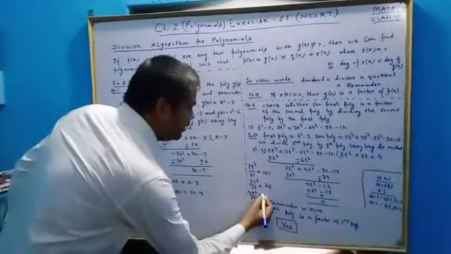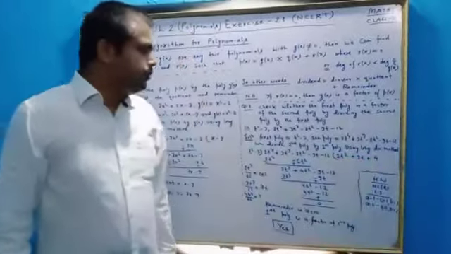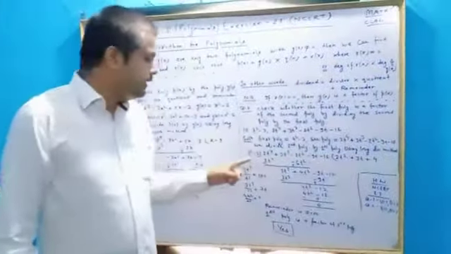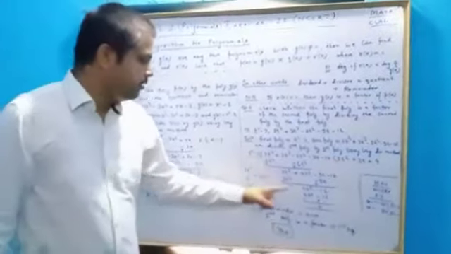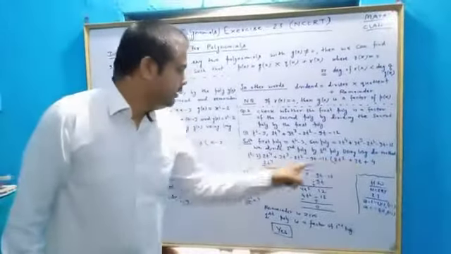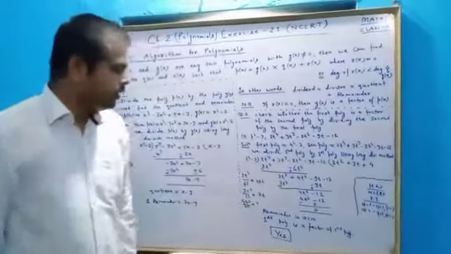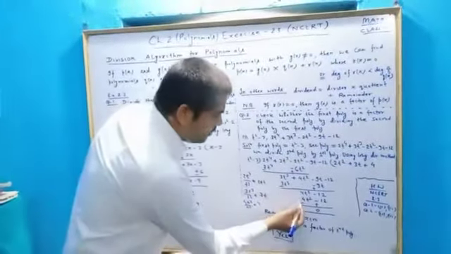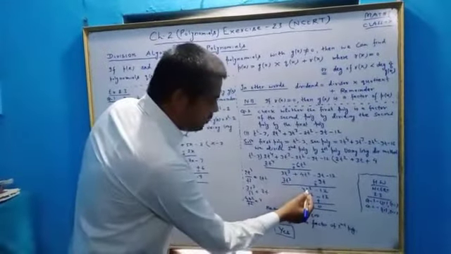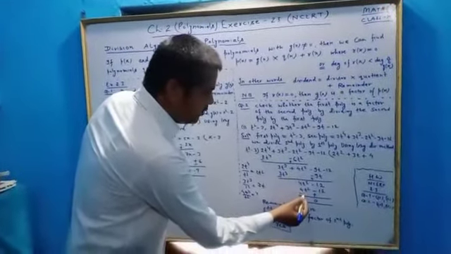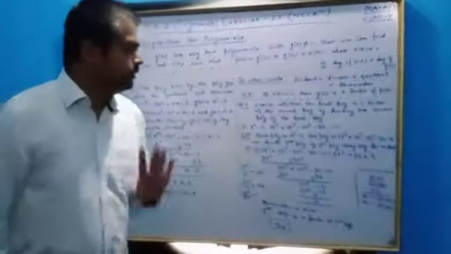Then we get 4. So we write here 4. Now we multiply 4 by t square minus 3. Then 4 into t square, 4t square, and plus into minus, 4 into 3, 12. We change the sign, plus converted to minus, minus converted to plus. We find that 4t square minus 4t square is 0 and minus 12 plus 12 is equal to 0.